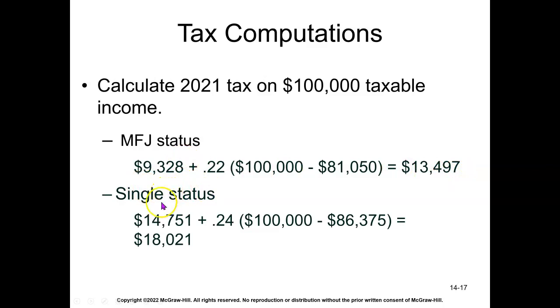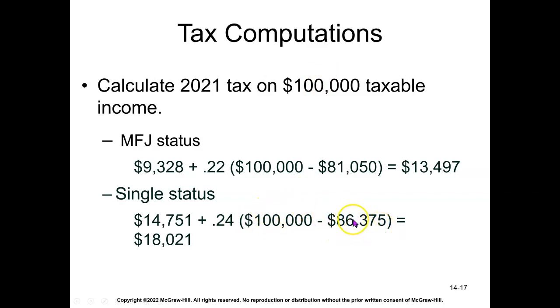If you're single, you're going to use a different section. And you notice up until the start of that bracket, you've already owed more money, $14,751, and then you notice you're in the 24% tax bracket, so you're not in the same tax bracket. And again, $100,000 is your taxable income. That bracket that you're in for single starts at $86,375.